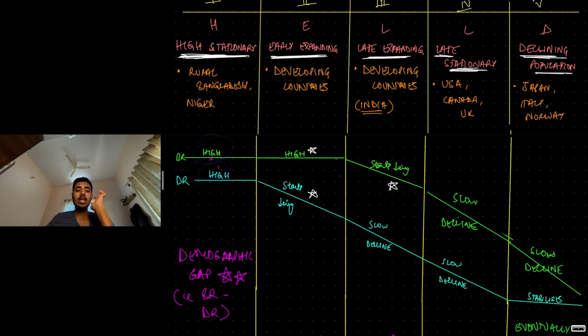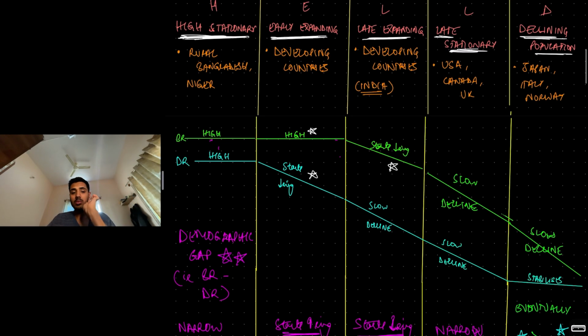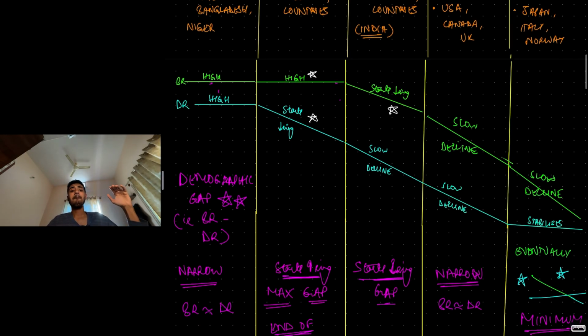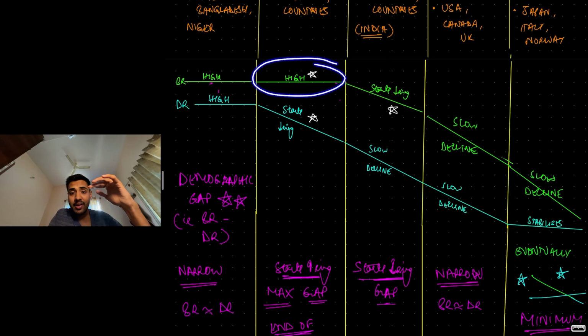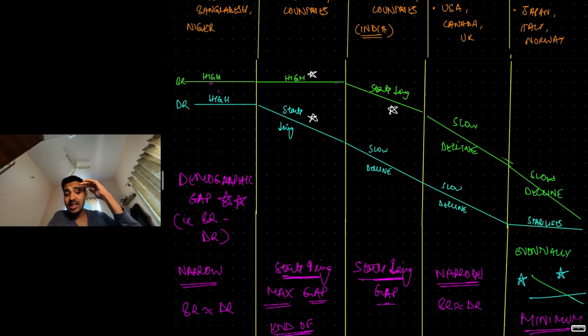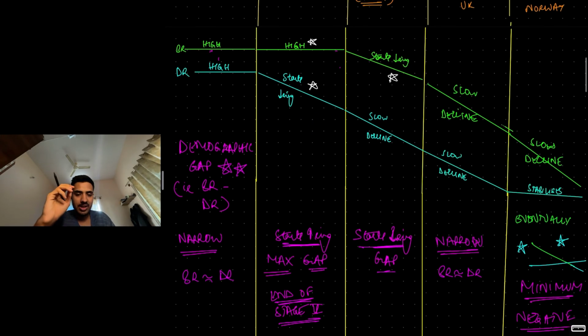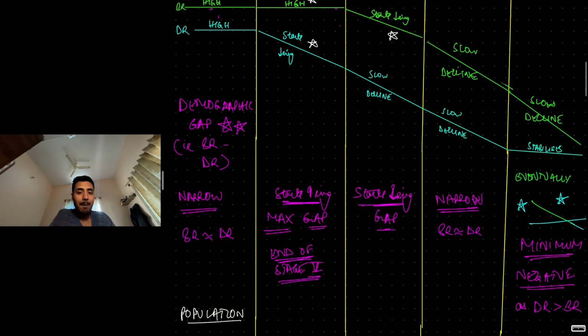Then what happens? Stage 2, early expanding. Early expanding is when birth rate remains high. Very important. Early expanding, birth rate remains high, death rate starts decreasing. So when birth rate remains the same high and death rate is decreasing, what happens to the demographic gap?